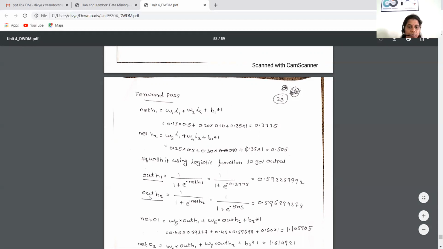Similarly, out H2 is equal to 1 divided by 1 plus e to the power minus net H2, that is 1 plus e to the power minus 0.505, which is 0.59688438. So this is the final H1 and H2.